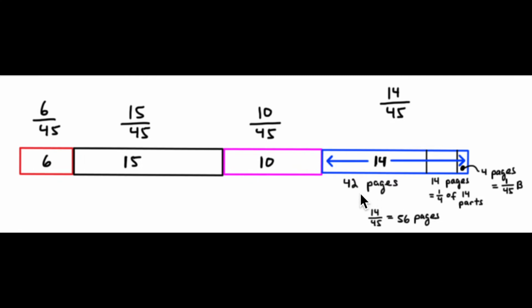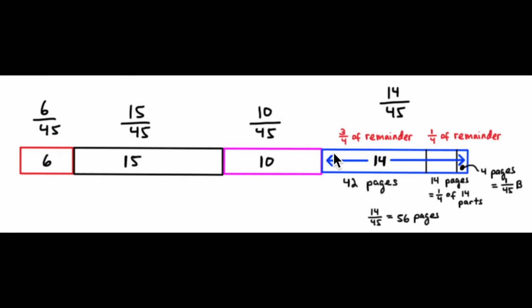And you can do the calculation. 3 times 14 is 42. That's 3/4. And plus this 1/4 will make the 56 pages. So 3/4 of the remainder and 1/4 of the remainder. So this 1/4 are 14 pages.